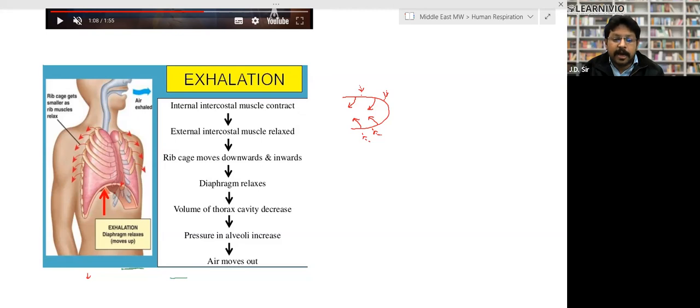Internal intercostal muscle contract. Full stop.